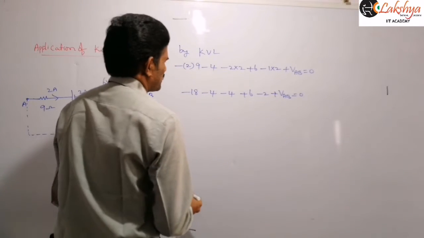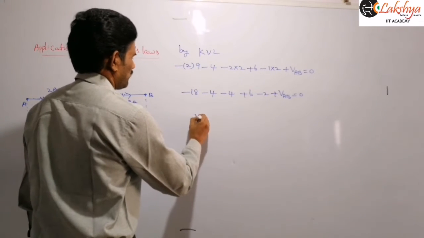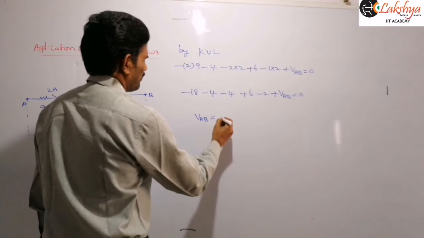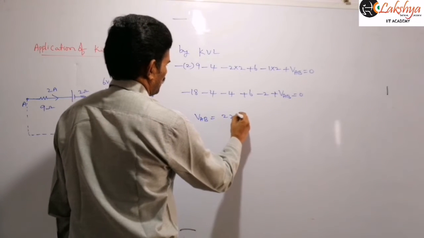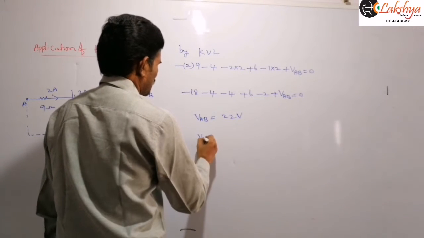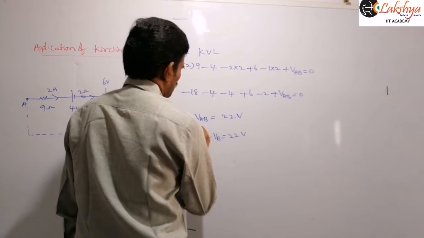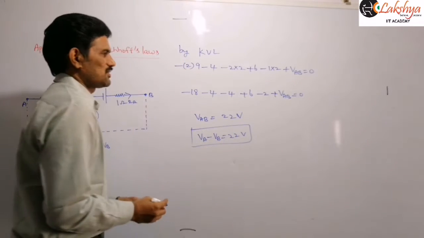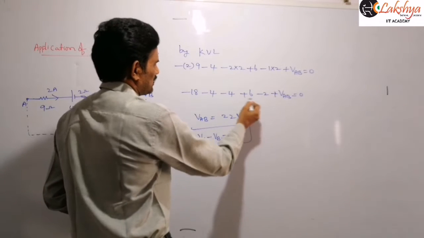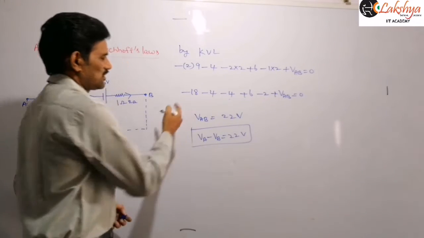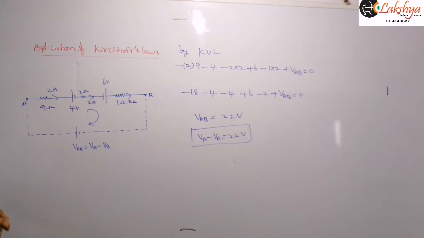And so this is nothing but I can write VAB is equal to 22 volts. That means VA minus VB is equal to 22 volts we can write. So that is the potential difference between them. Means these 3 terms I can cancel here, then only this 18 minus 4, that is 22.